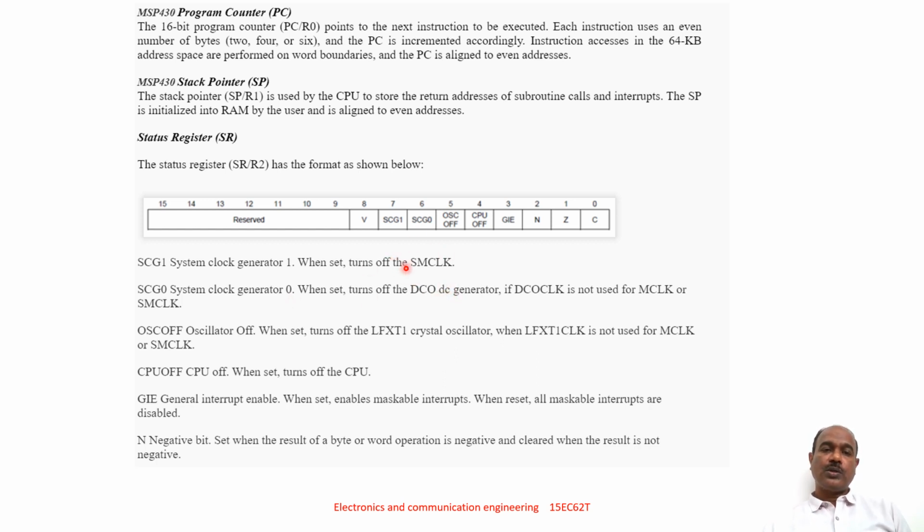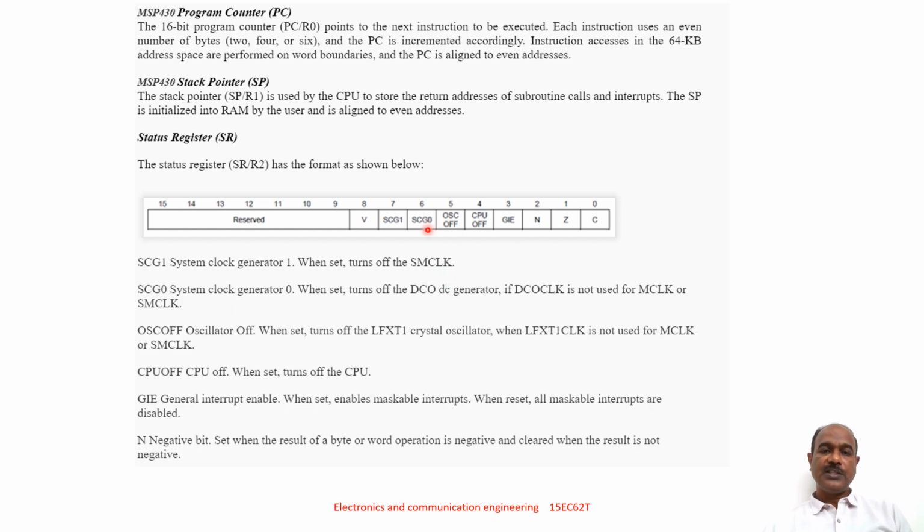If you don't want to use the SMCLK clock, I can turn it off to save power by making SCG1 equal to 1. When this bit is set, the sub-master clock is turned off. If this bit is 0, the SMCLK will be enabled and generated by the microcontroller. If this bit is 1, the SMCLK will be turned off.